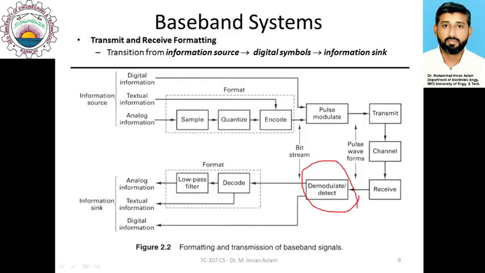So even with those perturbations in the waveform, we are able to make decisions, and after that decision we recover the original bit stream which was transmitted from the transmitter side.